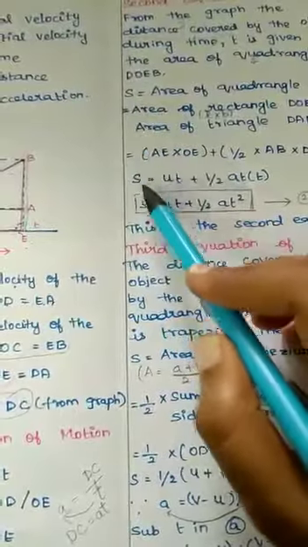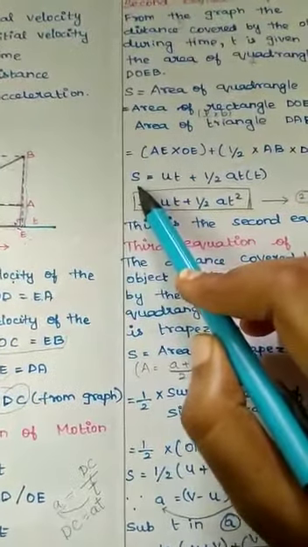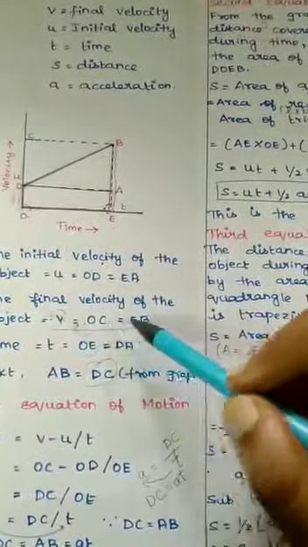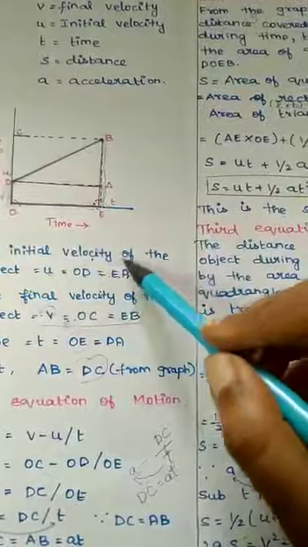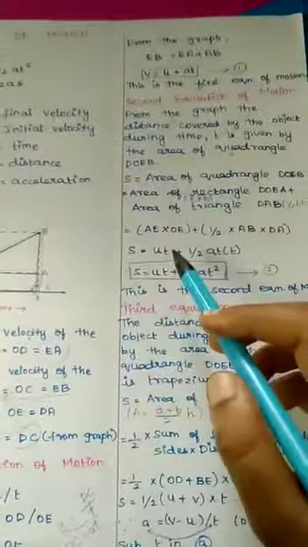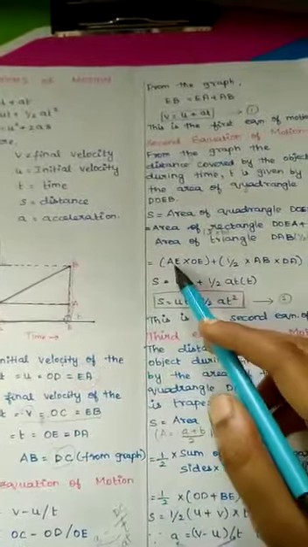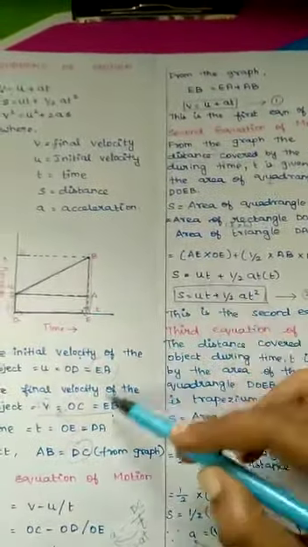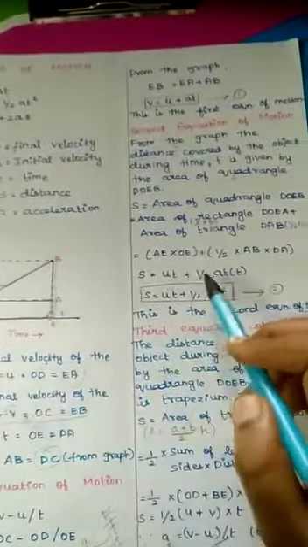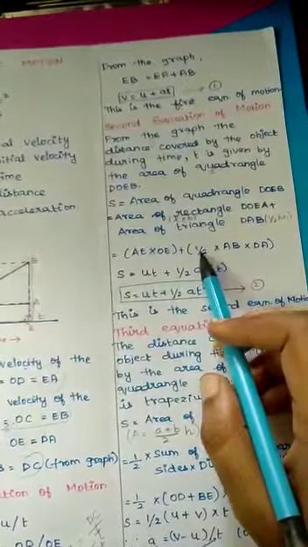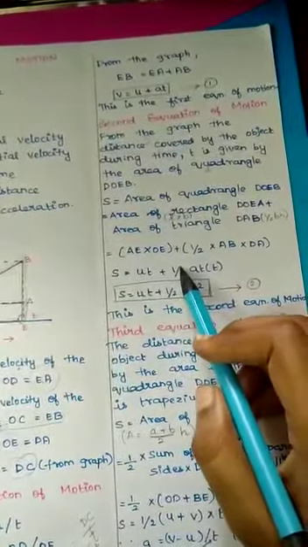So S is equal to, S is distance covered. We told we are going to find out the distance covered. S is equal to, AE is where it is given. It is here, the initial velocity U. So you have to write AE value is U, OE is T, already we have found and kept. OE is T, and plus that half in the triangle equation will come as it is.